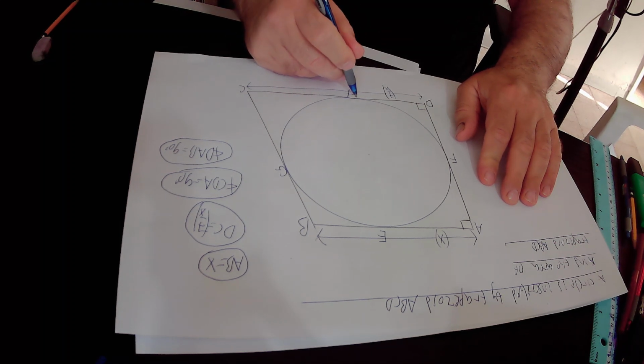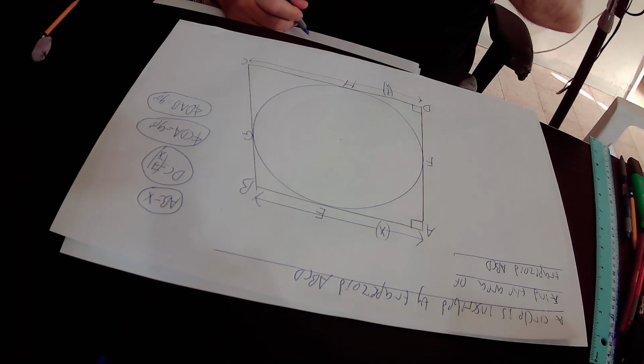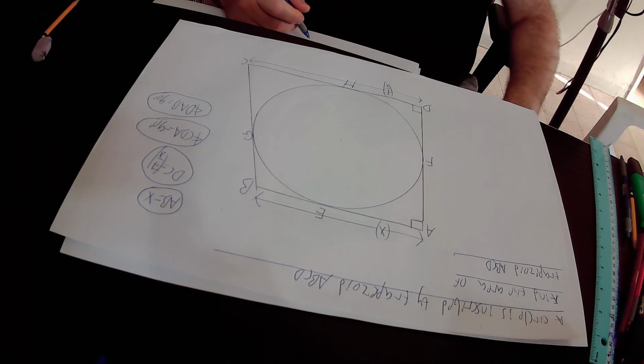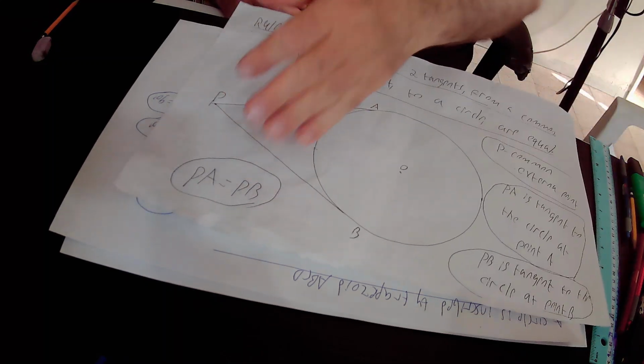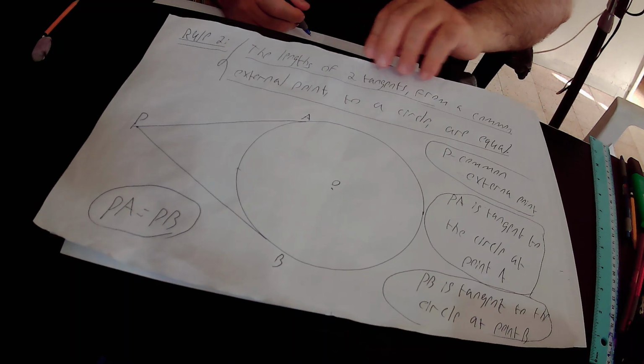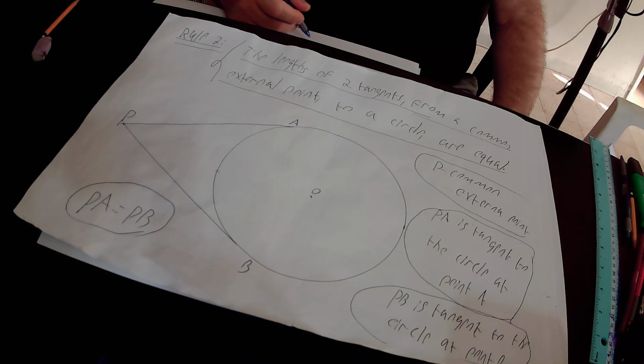So here we can implement rule 2 on this drawing. I repeat quickly rule 2. According to rule 2, the lengths of two tangents from a common external point to a circle are equal.